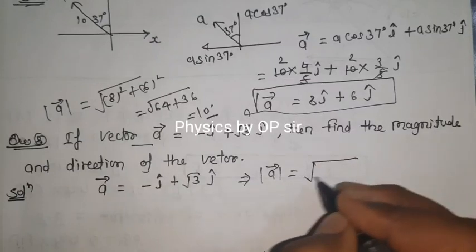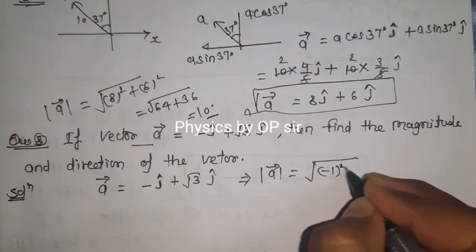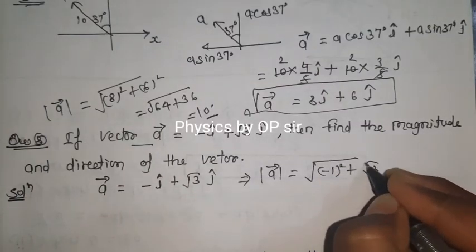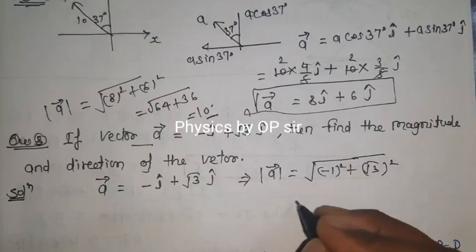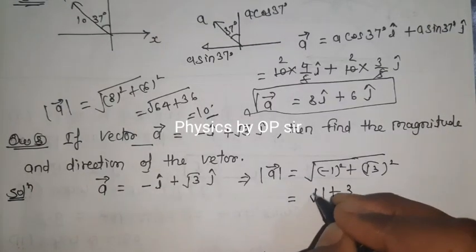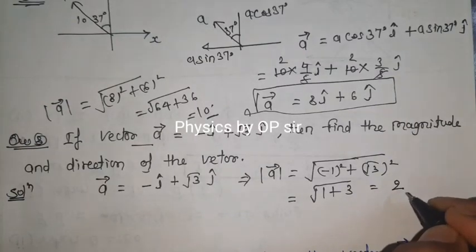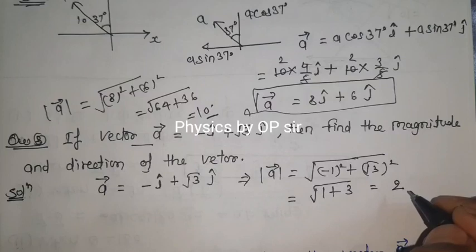Magnitude is under root of this square plus this square, under root of minus 1 square plus root 3 square. Minus 1 square is 1. Root 3 square is 3. So 3 plus 1 is 4. Root of 4 is 2. So 2 is your answer.